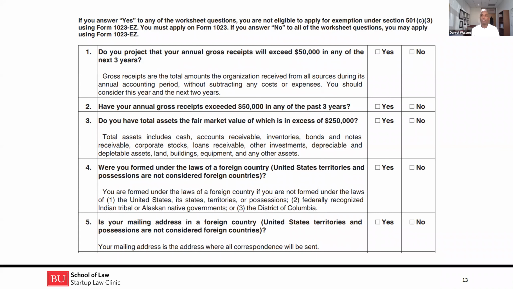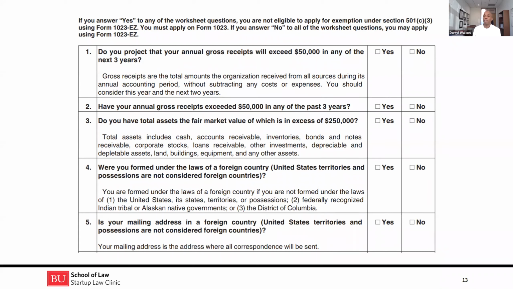So not wishful thinking, but do you have a reasonable expectation that you have those funding sources secured? Number 2, have your gross receipts exceeded that $50,000 in any of the past 3 years? So do you have evidence that you've already crossed that threshold? If not, then those are good signs. And the third one is, do you have total assets in fair market value in excess of $250,000?